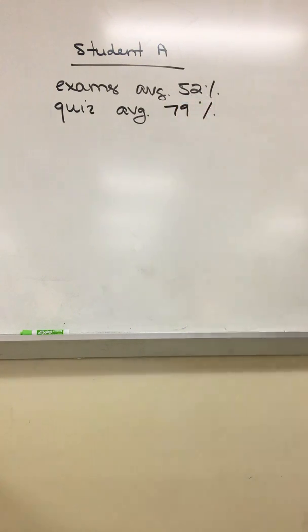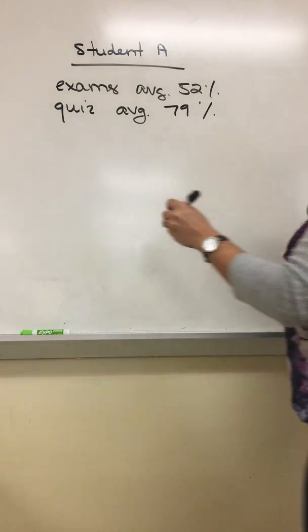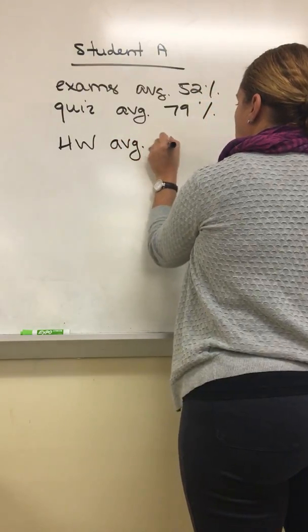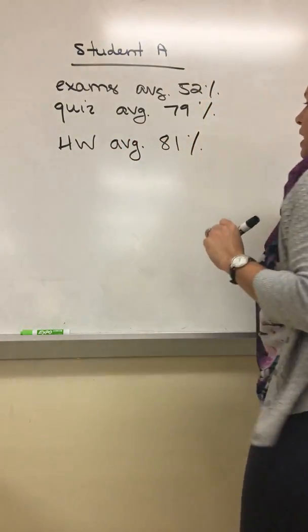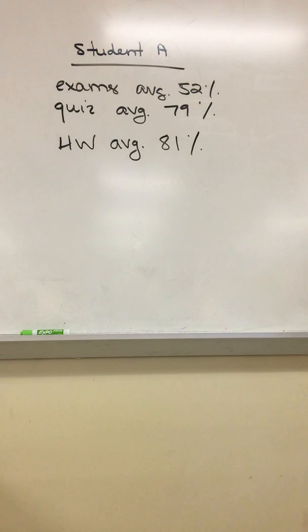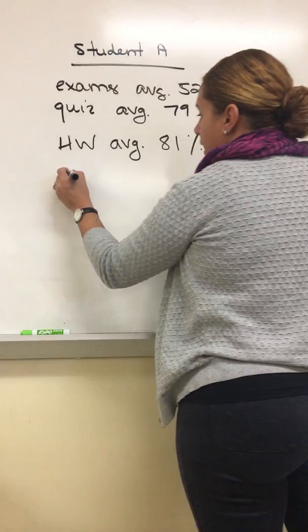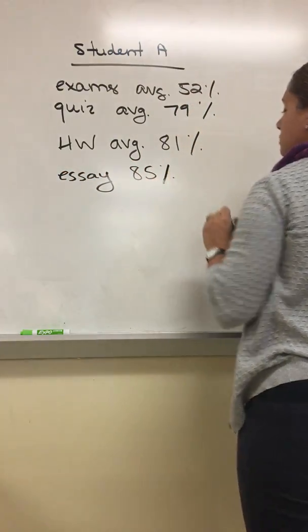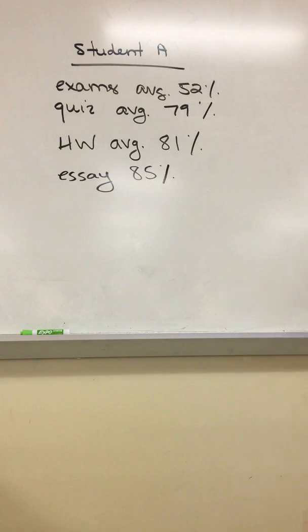Let's say student A has a homework average, they've been doing their homework, a B average. For their essay at the end of the semester, let's say they get an 85. So exams, quiz, homework, essay.